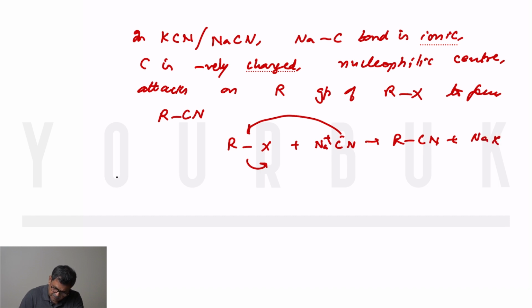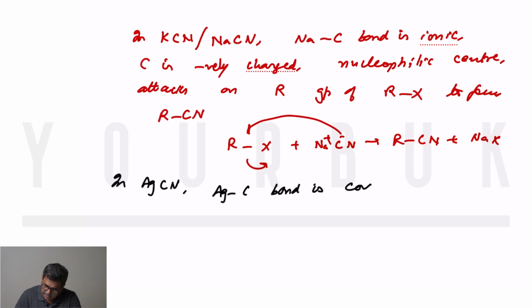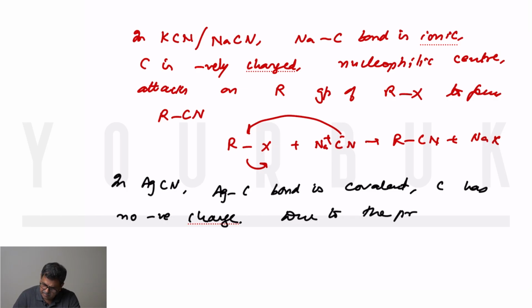Now, in case of silver cyanide, the silver carbon bond is covalent. Right? So carbon has no negative charge. Now, due to the presence of a lone pair of electrons, nitrogen is the nucleophilic center.